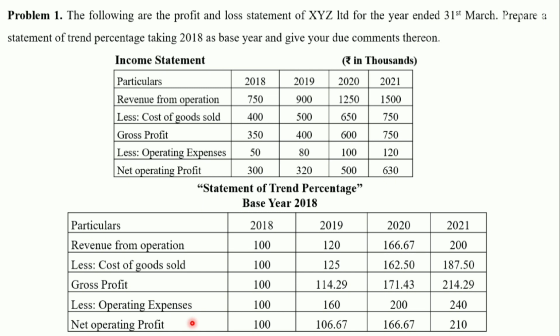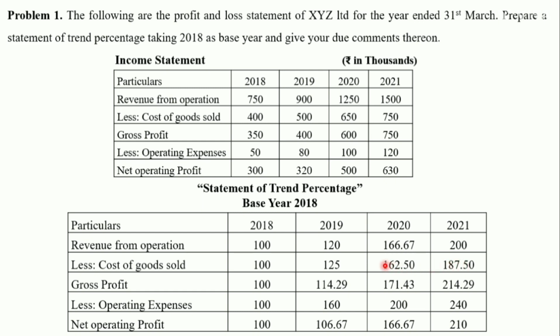Now see, by observing this statement of trend percentage, you can see the trend analysis. You observe that cost of goods sold shows a slight increase from 2018 to 2019, that is from 100 to 125, but it increases at a high rate in 2020 and 21.